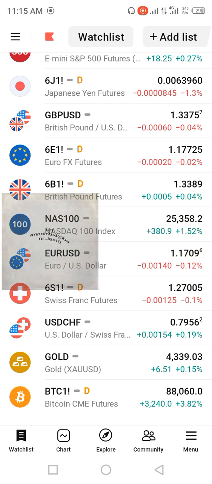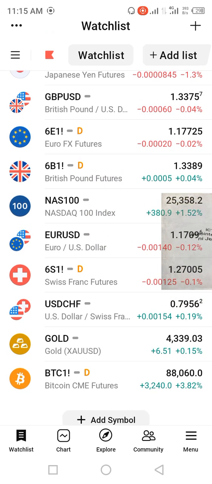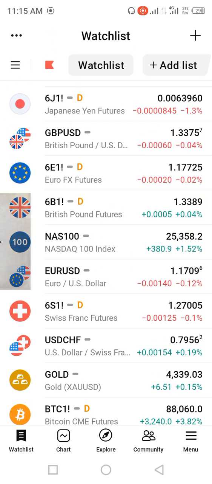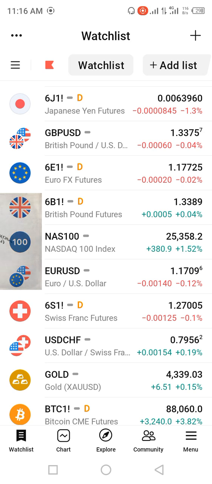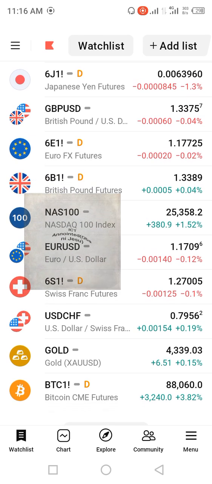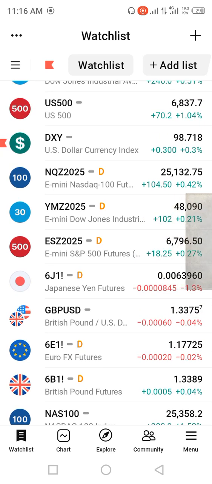As usual, we'll be reviewing what went down on Euro USD or Pound USD, and we'll consider first the dollar index. Why should we go to the dollar index first?